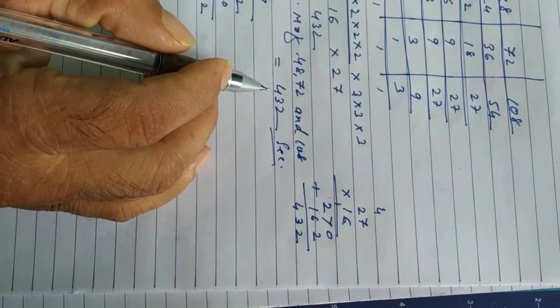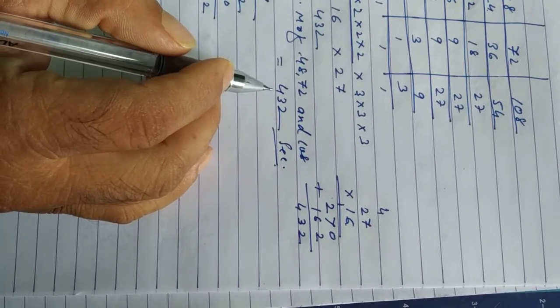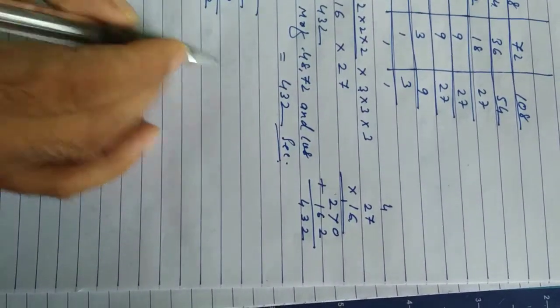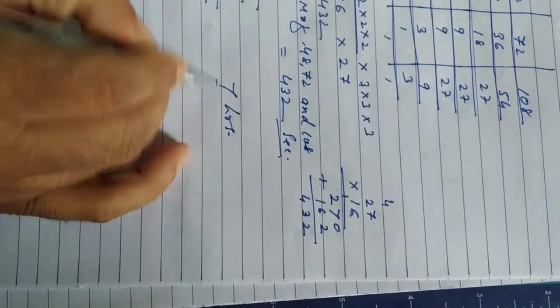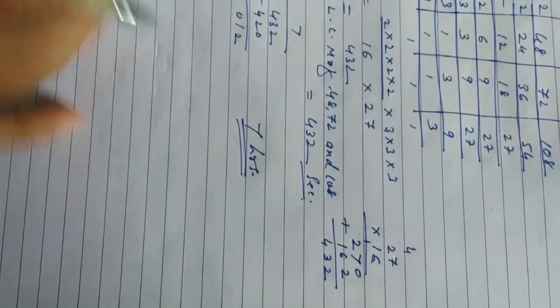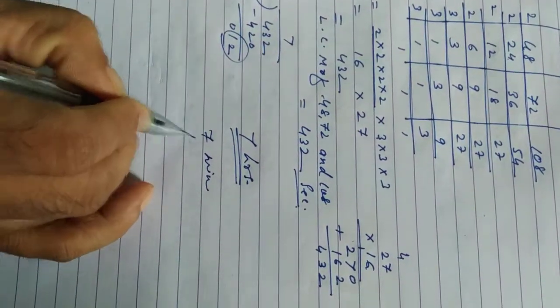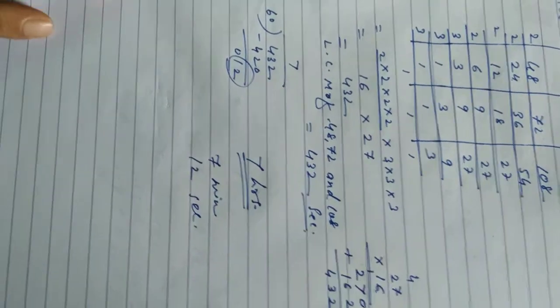So we can say the traffic lights will change simultaneously again at 7 hours, which is already given, after 7 minutes and 12 seconds, right?